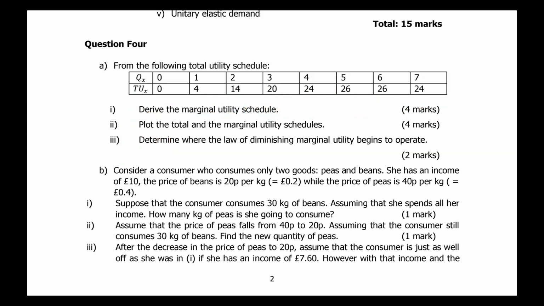The question says, can you plot the total utility and the marginal utility schedule? Total utility schedule and the marginal utility schedule. So we need first to write this so that you see how we plot this.